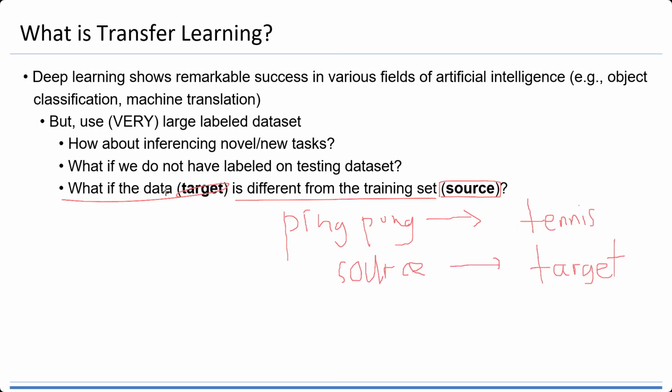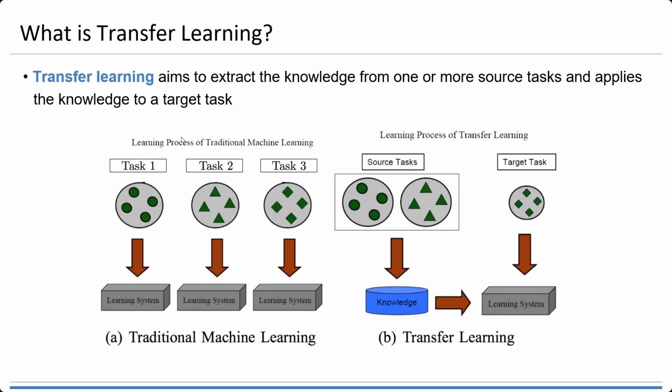If the target is totally different from the training set or the source, then we need to do transfer learning. We need to transfer some of the knowledge. So we call it transfer learning.